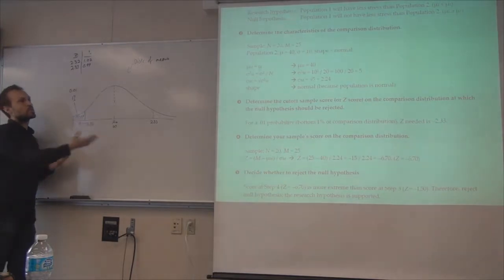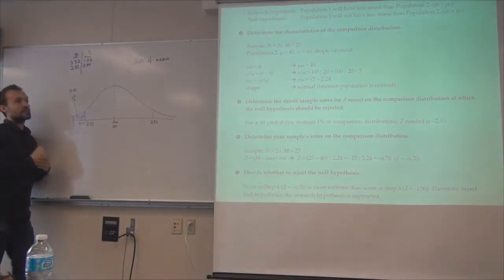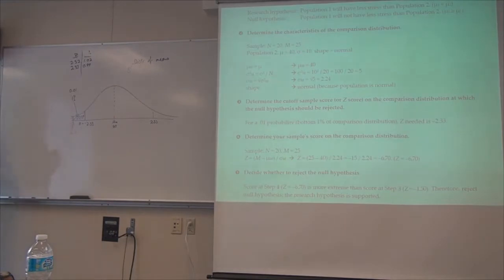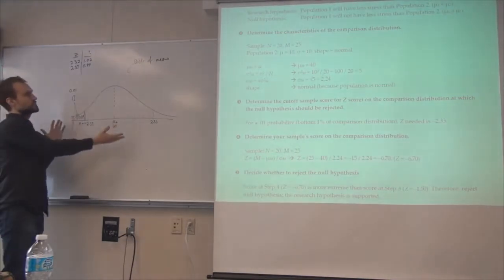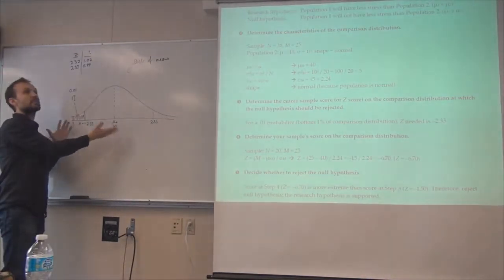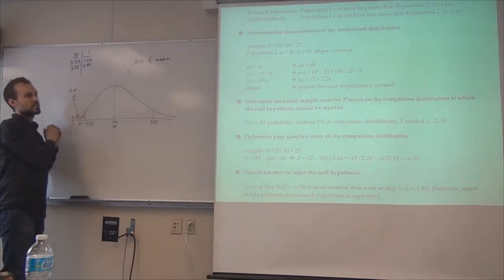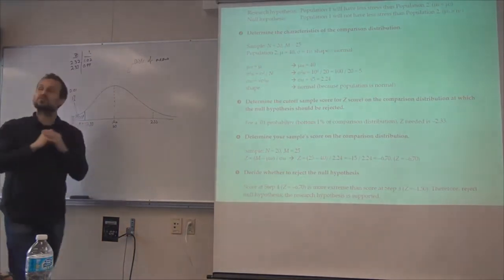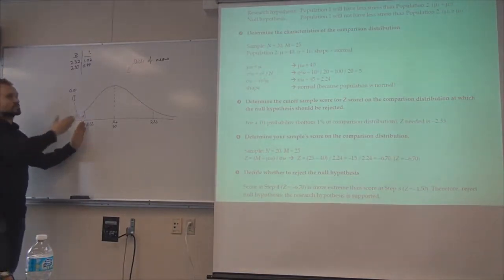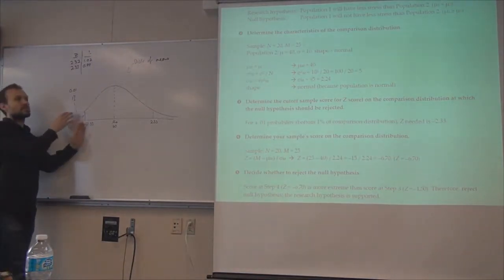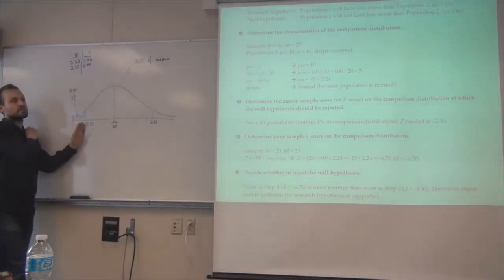In the whole population, if the null hypothesis is true, I should have said that. If the null hypothesis is true, this is the distribution under the null hypothesis. If the null hypothesis is true, and there's no effect, then the chance of getting some sample with mean in this area over here is 1%.